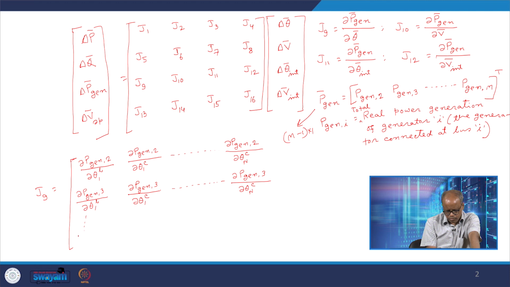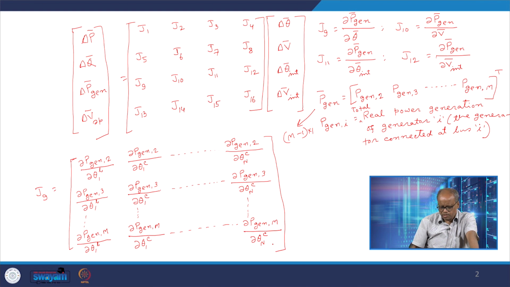And the last row would be del P gen m by del theta 1 b, del P gen m by del theta 1 c, dot dot dot, del P gen m by del theta n c.